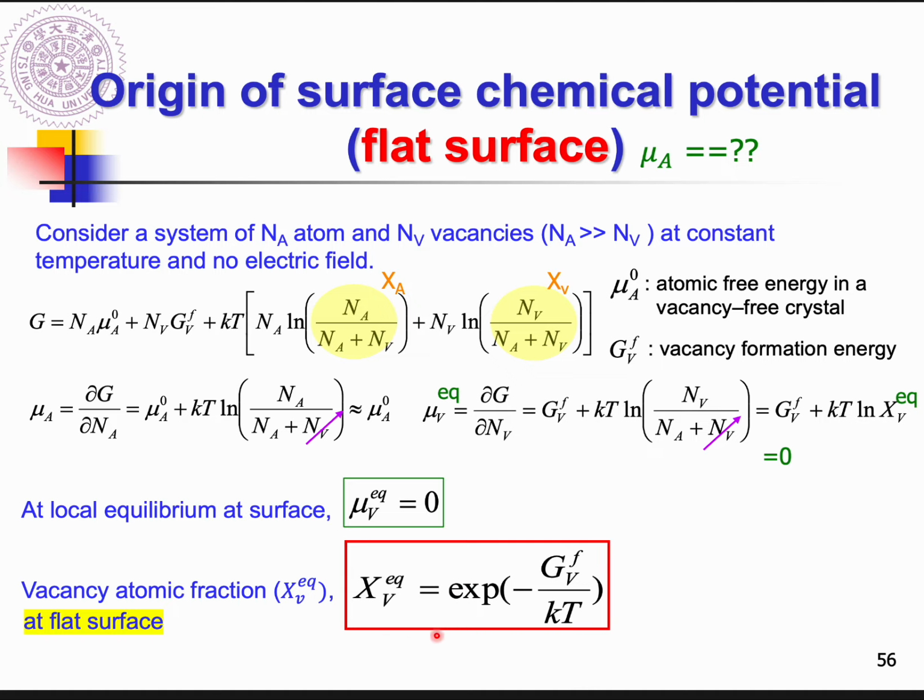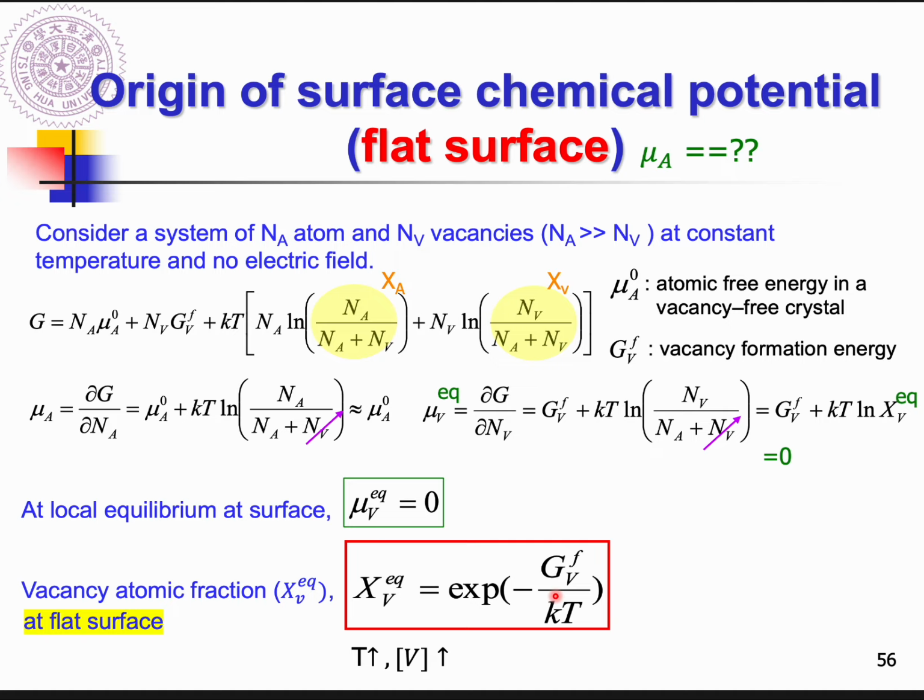So based on this result, some people are very familiar with this equation, right? As you know, when you increase the working temperature, the environment temperature, the vacancy concentration increases in the meantime, right? So we know the vacancy concentration depends on the temperature and also the vacancy formation energy.